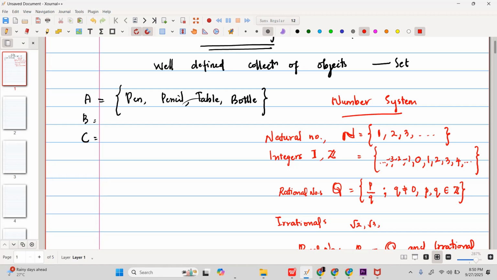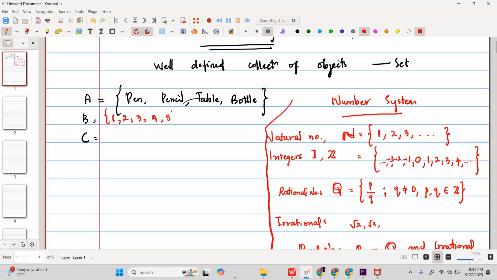Now we are selecting the collection of all elements from the natural numbers from 1 to 5, and I can arrange it like 1, 2, 3, 4 and 5.